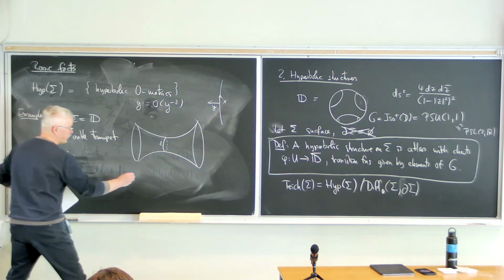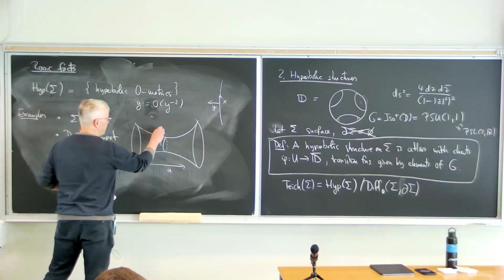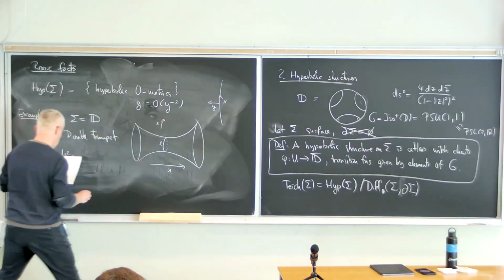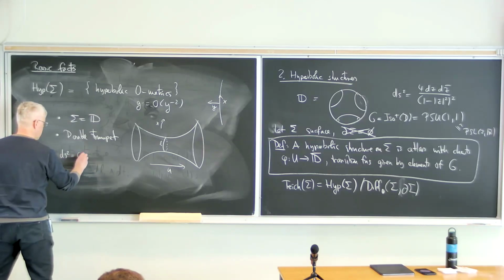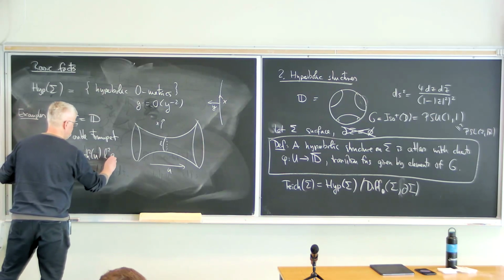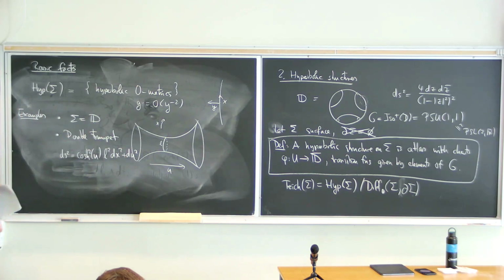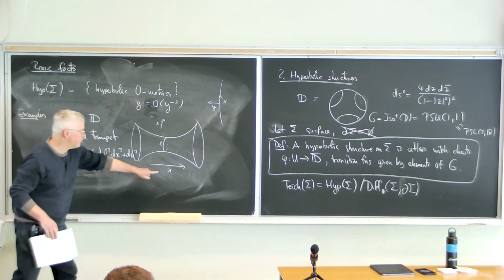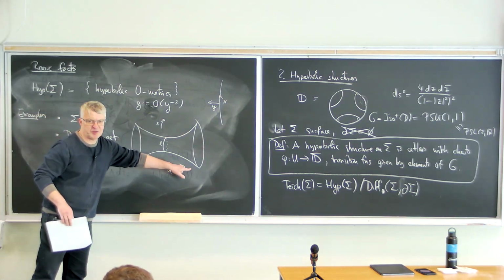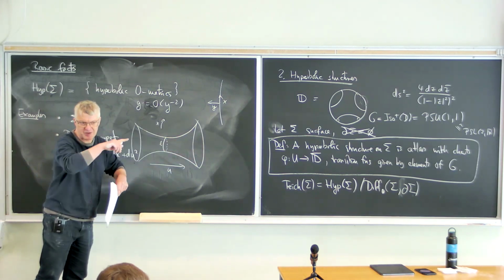If I say this coordinate is u going from minus infinity to infinity, and this coordinate is x, then the metric is hyperbolic cosine squared of u, times L squared dx squared, plus du squared. So that's a hyperbolic zero metric. If you introduce a boundary defining function, you're going to find it blows up exactly like 1 over y squared.